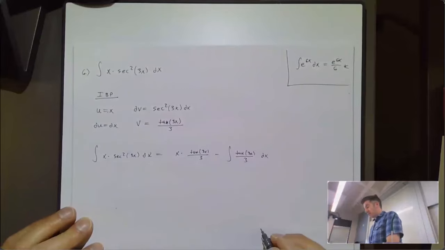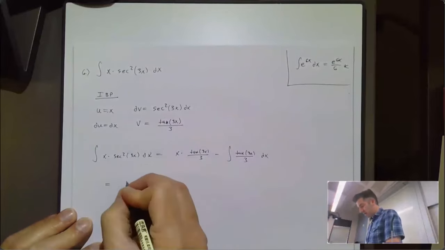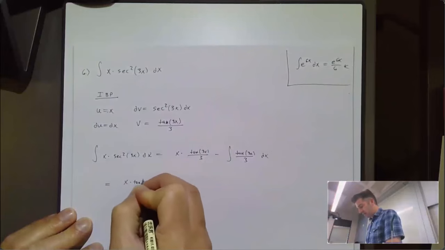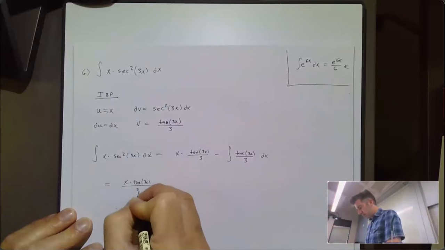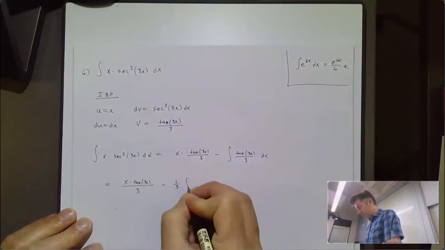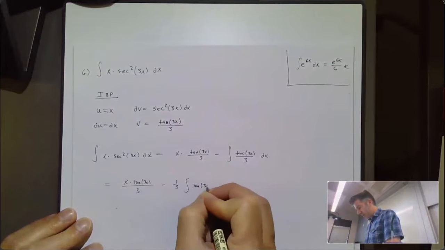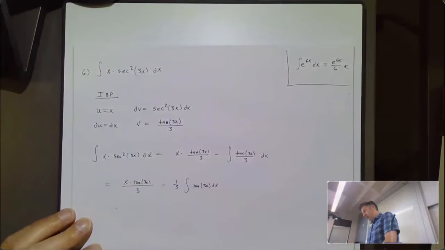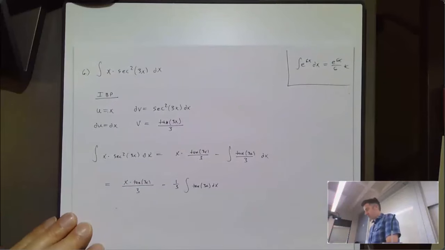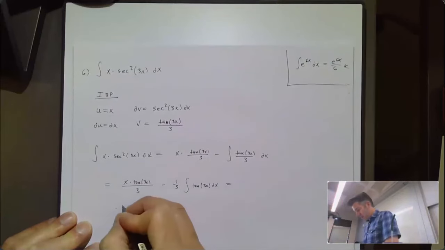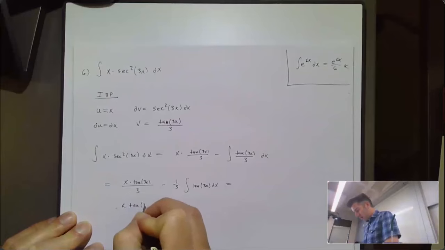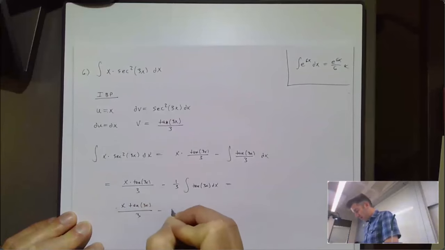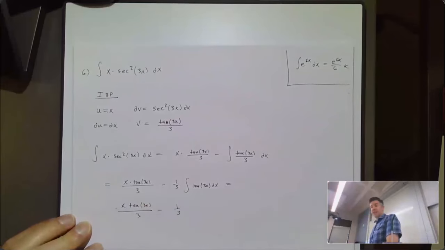I'm going to rewrite this a little bit. Write it as x times tangent of 3x all over 3 minus 1/3 the integral of tangent of 3x. I'm pretty sure we've talked about the integral of tangent. Here it is again. The integral of tangent of x is the negative natural log of cosine of x, or the positive natural log of secant of x.